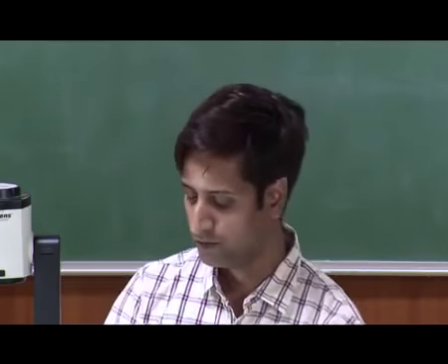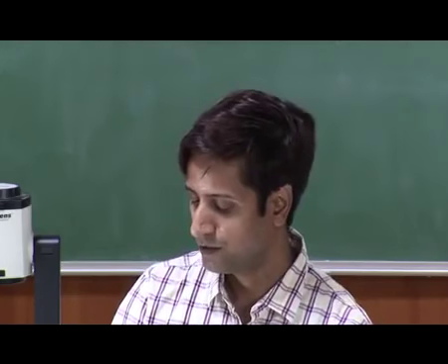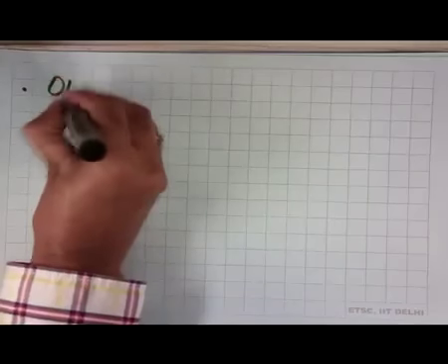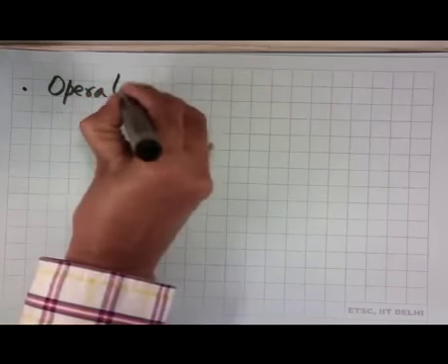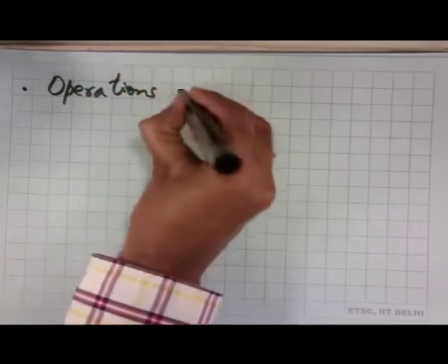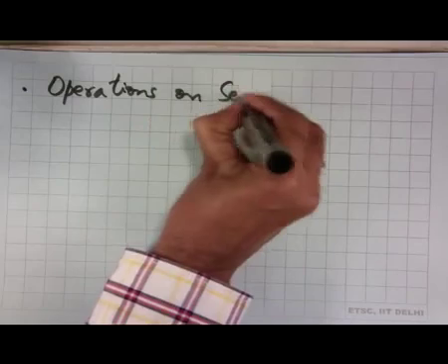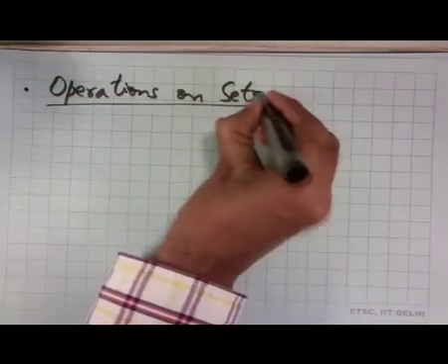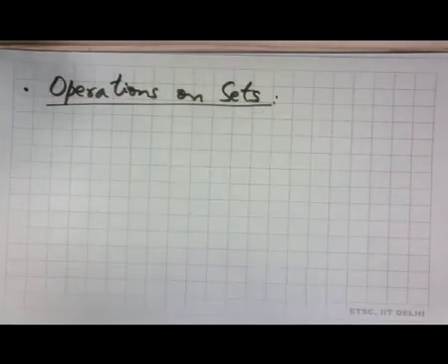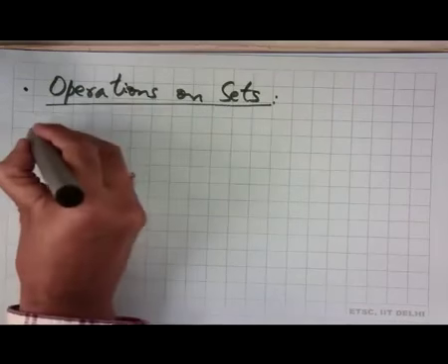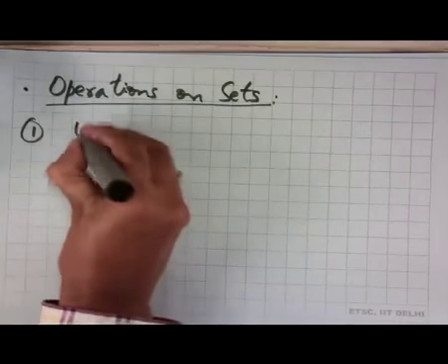So, now we will learn some operations on sets. So, the first one is called union.